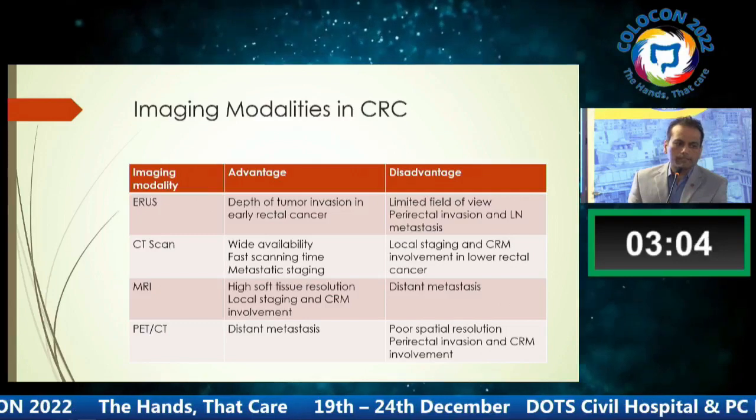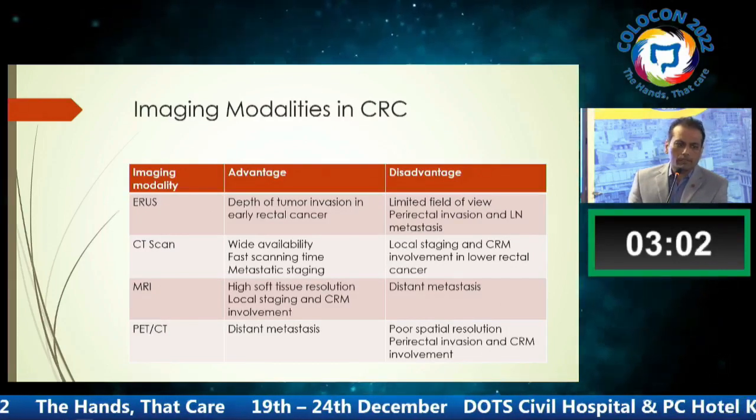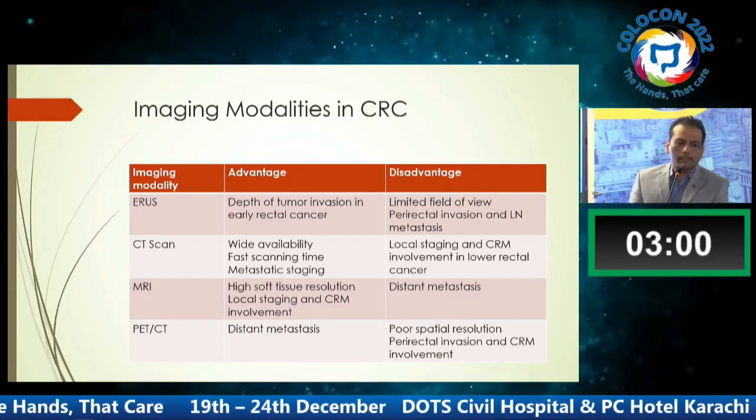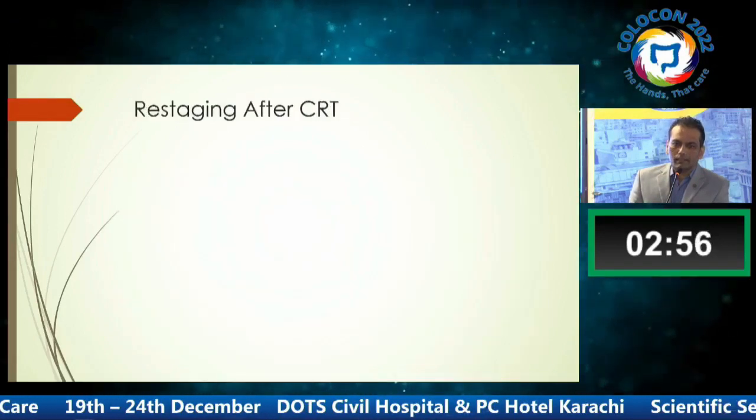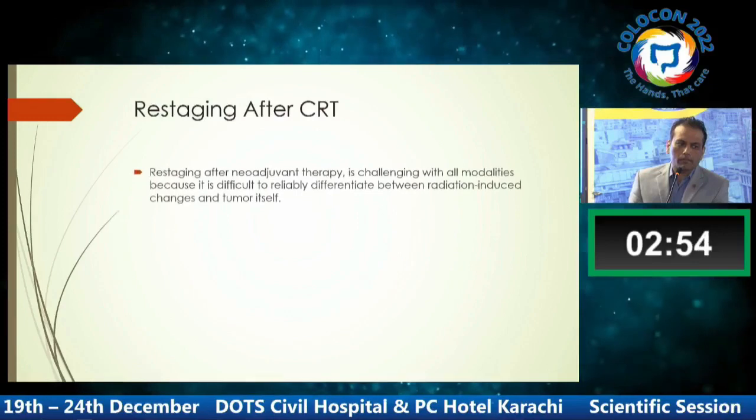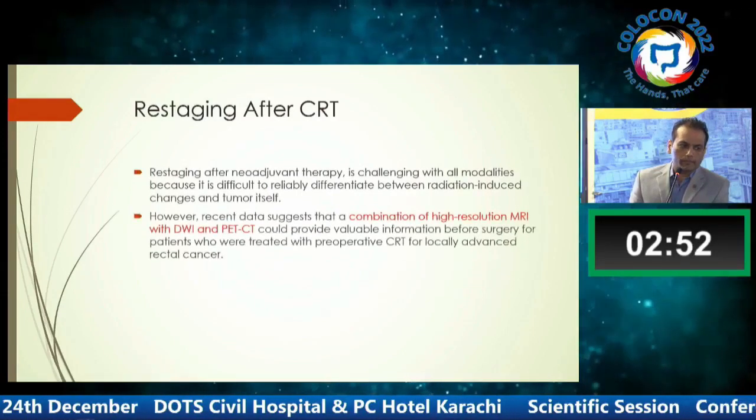CT scan is widely used for metastatic staging, while PET-CT is used for distant metastasis, especially in restaging after neoadjuvant chemoradiation therapy.